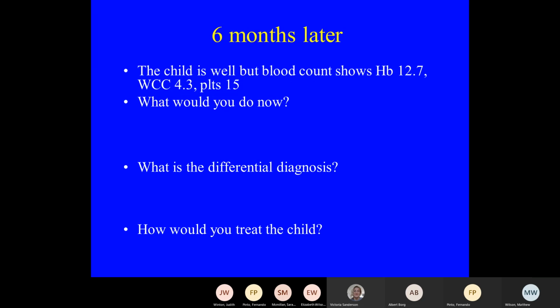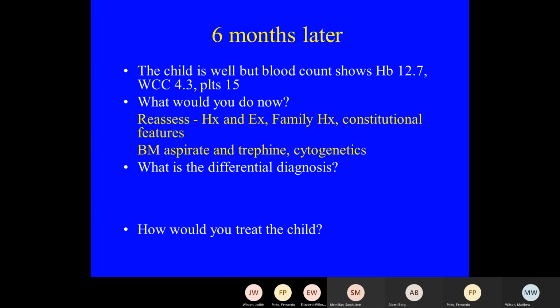So 6 months later, the child is well, but the blood counts are still low. The platelets are 15. What do you do? Now it's changed to 12 months, but we tend to keep it at 6 months. So next. We do a bone marrow, just to make sure we're not dealing with a differential diagnosis, incipient myelodysplastic syndrome, for example.